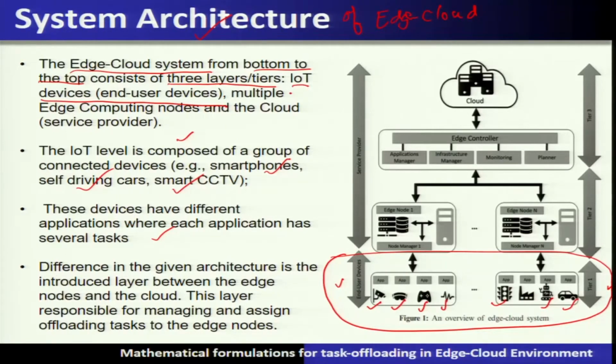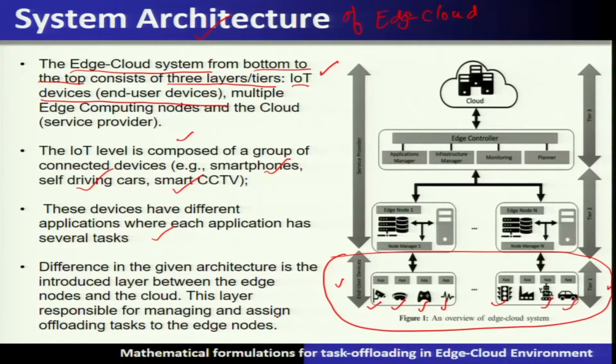So, this becomes layer 1 of an edge cloud system architecture, and that is the bottommost layer. Now, the difference in the given architecture is that it introduces layers between the edge nodes and the cloud. This layer is responsible for managing and assigning the offloading task to the edge nodes.